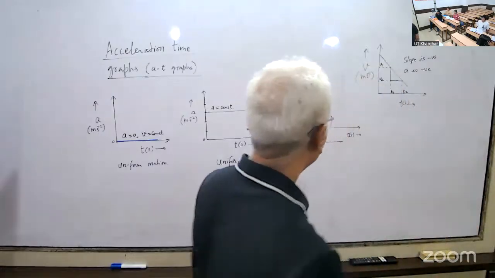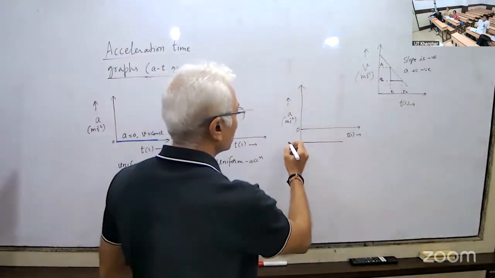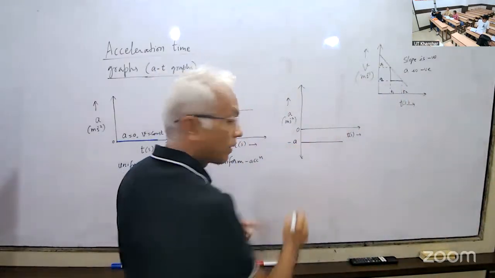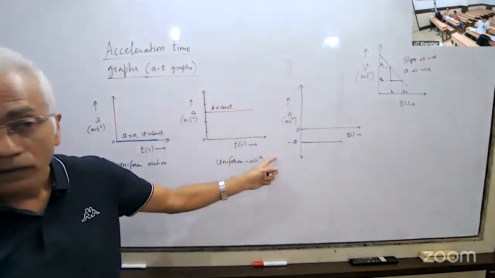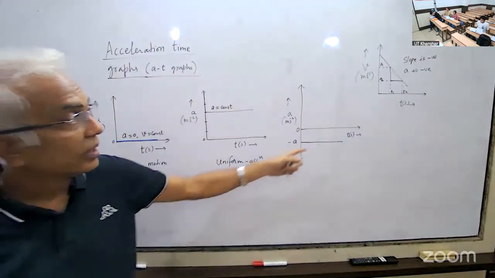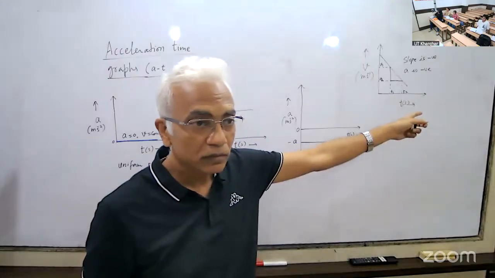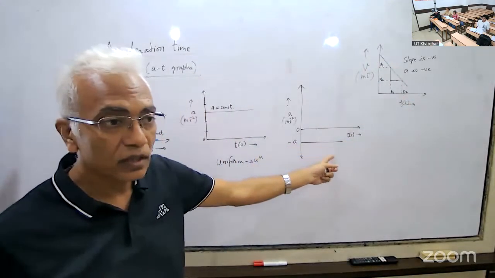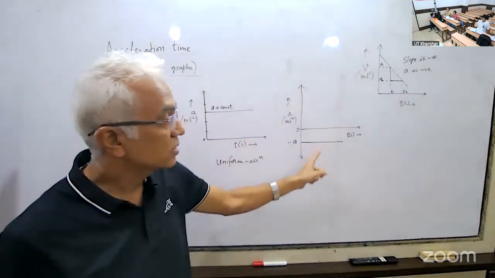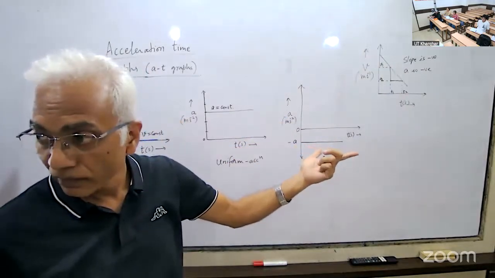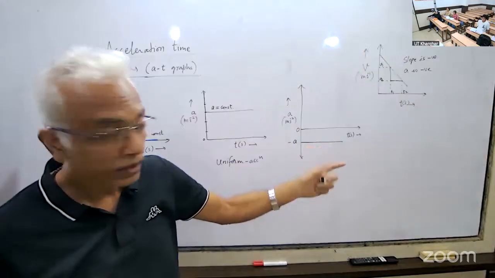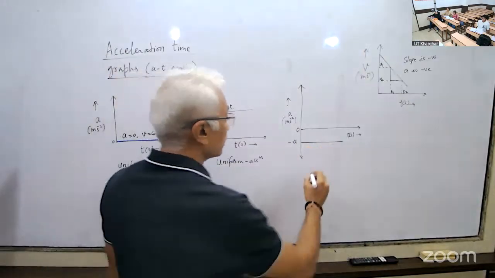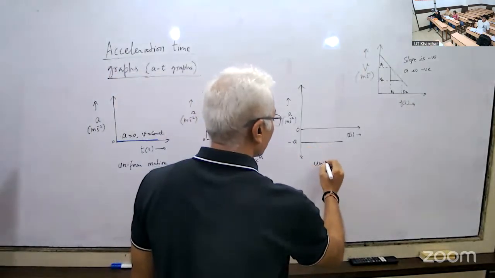So what is this graph now? Here A is constant, and is it uniform retardation? And this is constant negative acceleration. This and this graph are the same. So what is this graph? Uniform retardation.